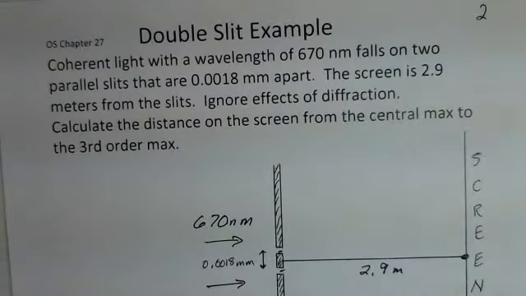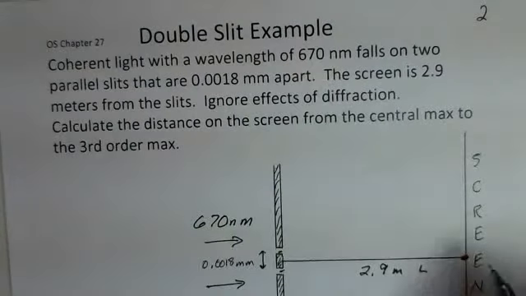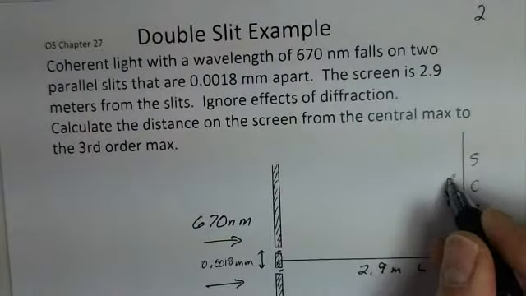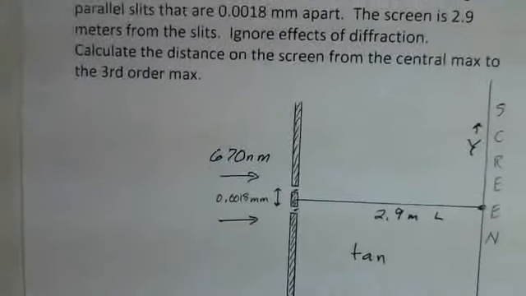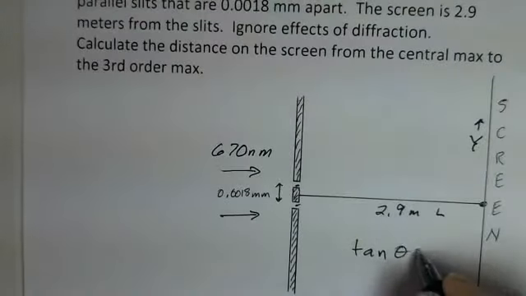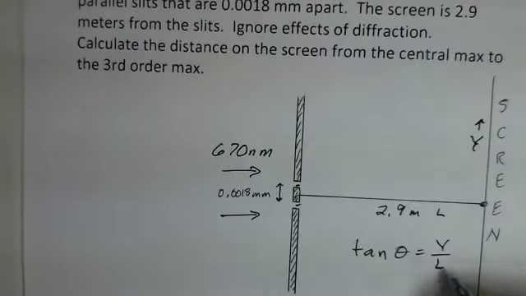Well, in general, if this is L and someplace out here is Y, we would want to do tangent of theta equals Y over L. We are given L, we want to calculate Y, so we need to somehow come up with a value of theta.